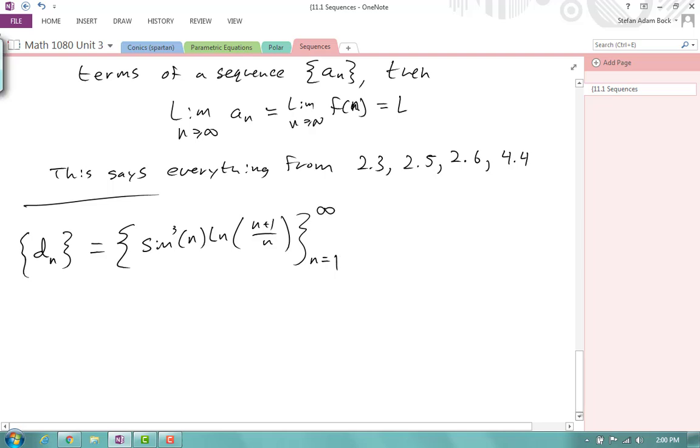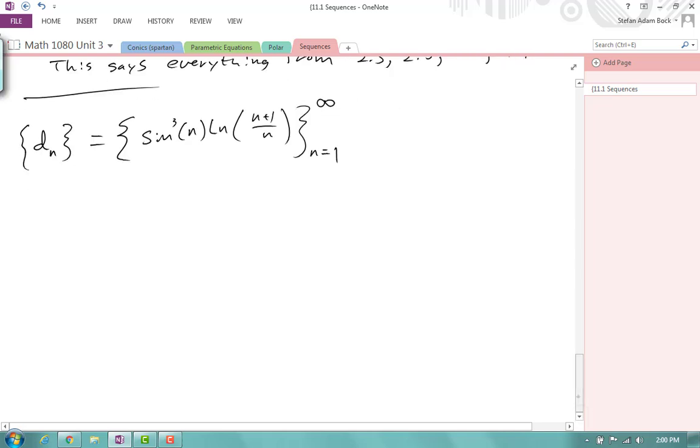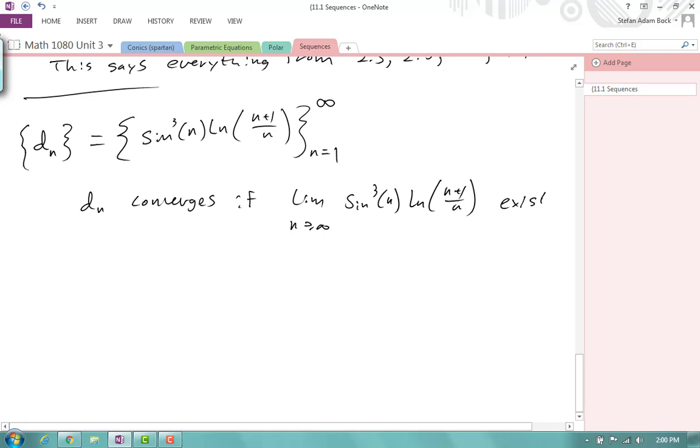Then the first thing I should do, while I'm looking for the limit, d sub n converges if the limit as n goes to infinity of sine cubed of n, natural log of n plus 1 over n, exists.